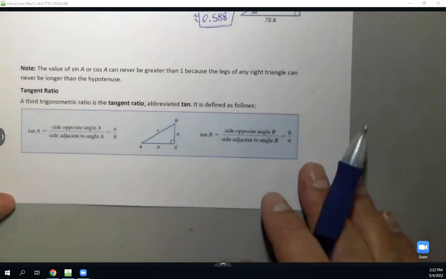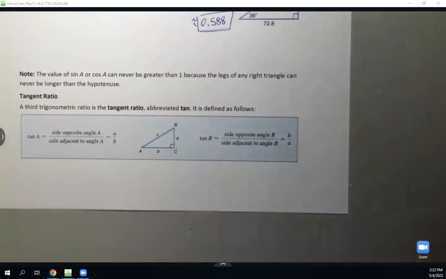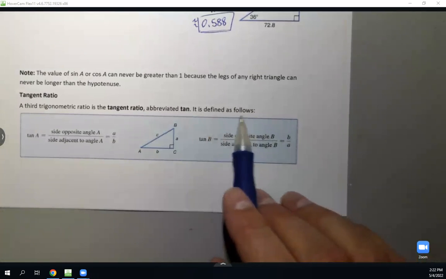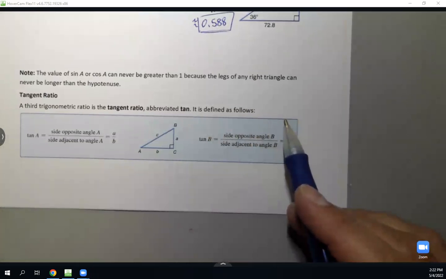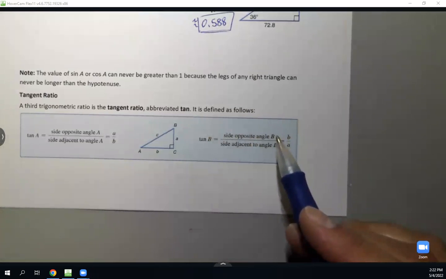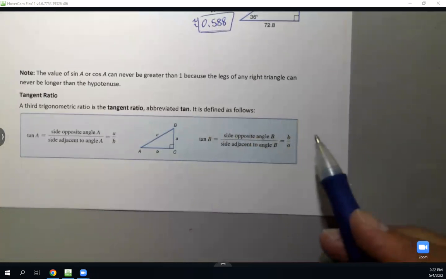The tangent ratio. A third trigonometric ratio is the tangent ratio, which is abbreviated TAN for tangent. It is defined as follows: the tangent will be the opposite over the adjacent. We don't use the hypotenuse with the tangent.